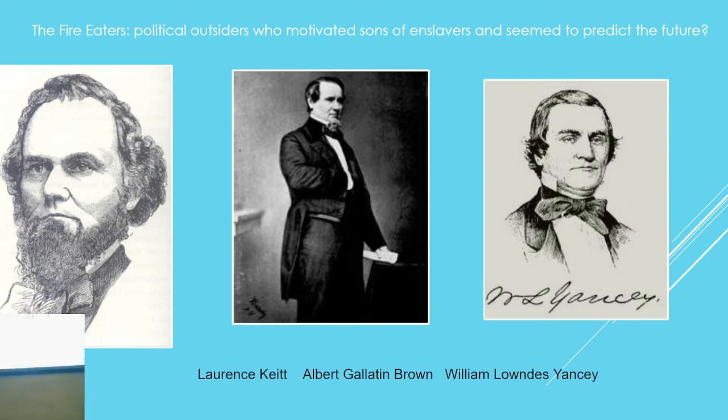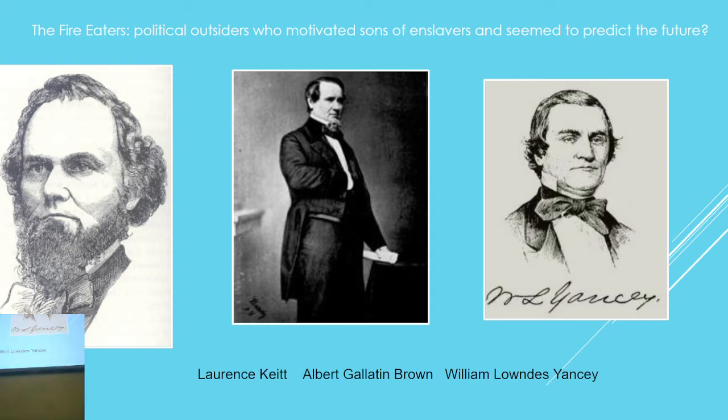A third argument for why white Southerners support a Democratic Party that's inclined to leave the convention at Baltimore and go their own way to create a new Southern Democratic Party involves these three dudes: Lawrence Keitt, Albert Gallatin Brown, and William Lowndes Yancey, people who were very much outsiders in the Democratic Party in the 1830s and 40s.